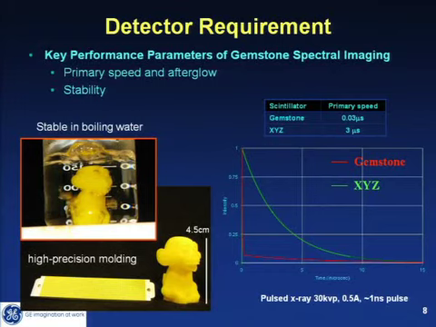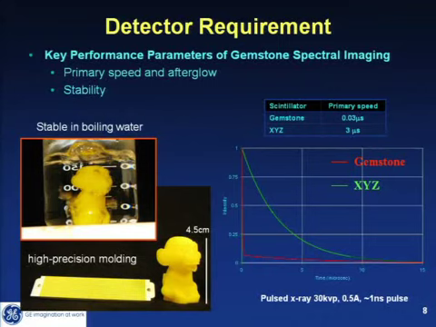Gemstone was a scintillator under development for 9 years, trying to find the best material that can achieve these purposes. The red curve on this graph shows the response of Gemstone. You can see that the primary speed is very fast. The response is nearly instantaneous.